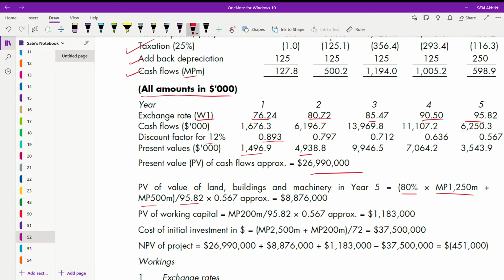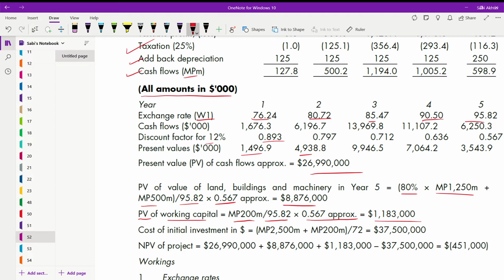We have to take the 5th year's discount factor to find the present value at year 0. This is the present value of land and buildings which needs to be deducted, right? Because it is present values of cash flows, it is not net present value. Then we have to find the present value of working capital separately. Working capital is 200. Again convert it into the same.